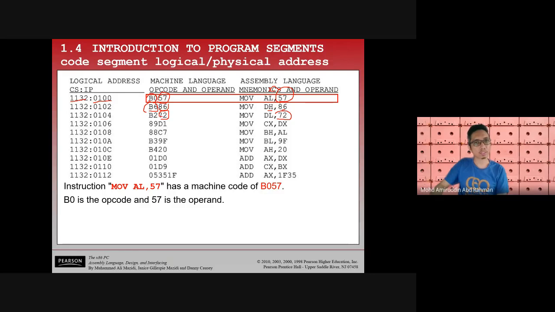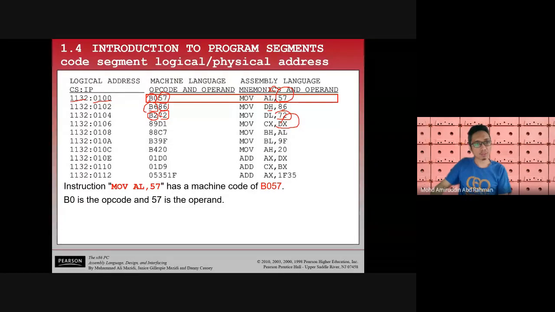Over here, DL is mentioned as B2. Now we have DX, where we are moving DX into CX. So we have this code as the machine language. It will be different; if it is a value, then we put the value at the back.